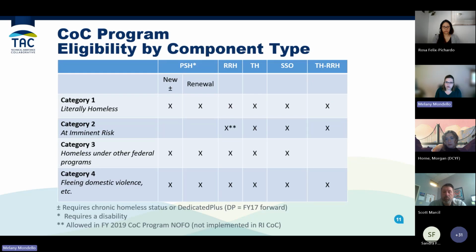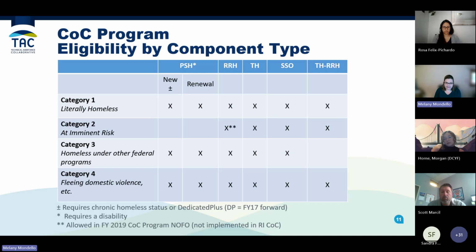This is really the chart that you want to have handy as you're thinking about the programs that you run and who qualifies for which program. You probably have many hats. People on the training today, you might run many different types of programs: shelters, transitional, rapid, PSH. This chart tells you, again, for the CoC program, which category of homeless is allowed for each project type. You will see that there are 4 categories of homelessness.